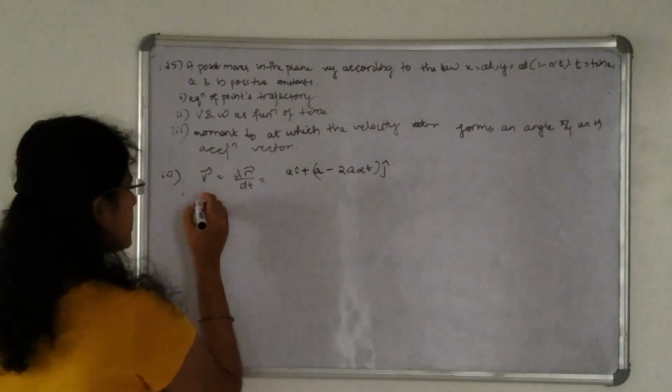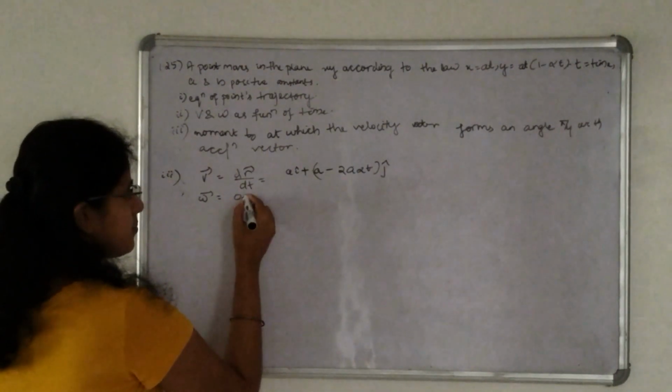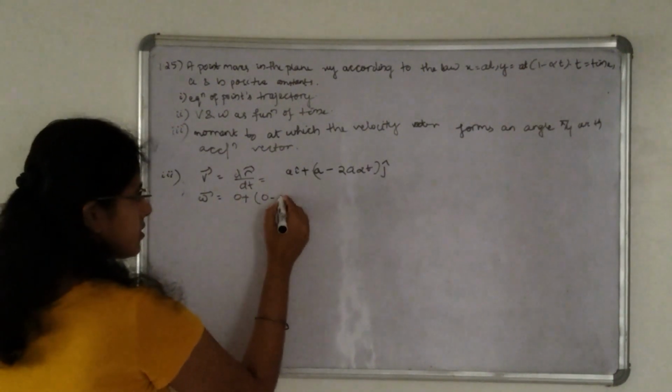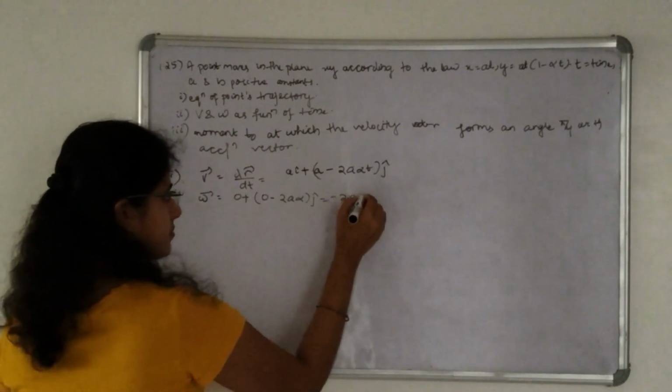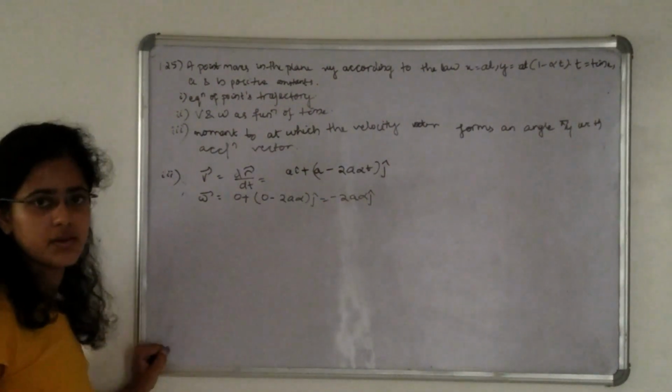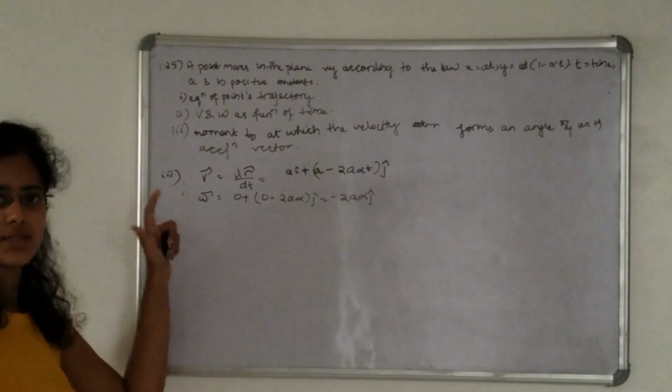Again differentiate this, you can find omega. So this is 0 plus 0 minus 2a alpha j cap. Acceleration is constant, in the negative direction, this is the acceleration.